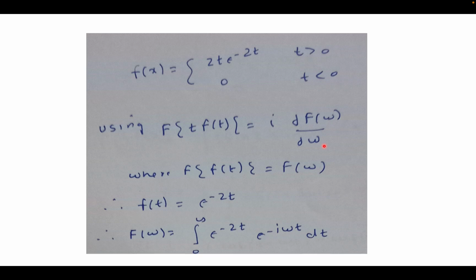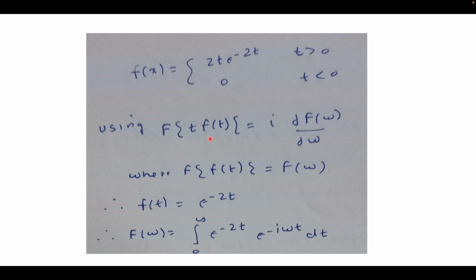If you choose f(t) as e power minus 2t, this property matches the given question, since it is of the same form. So if you can find the Fourier transform of e power minus 2t, then you can get the Fourier transform of the complete given function.